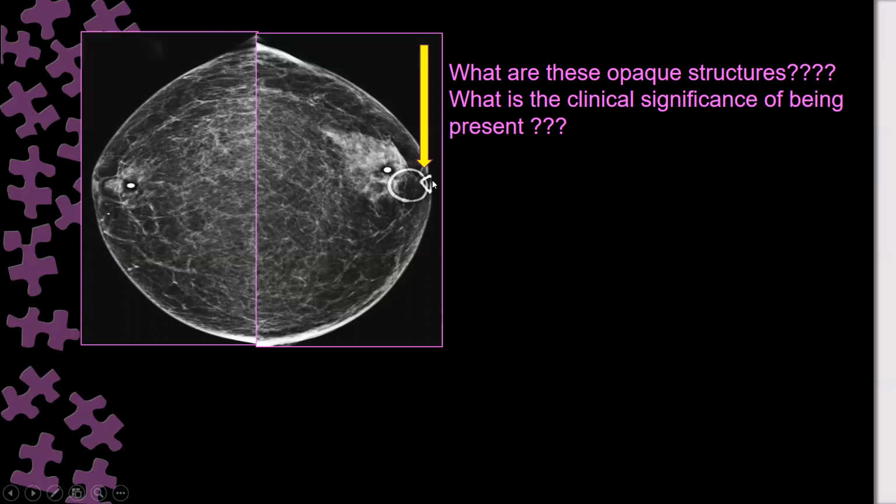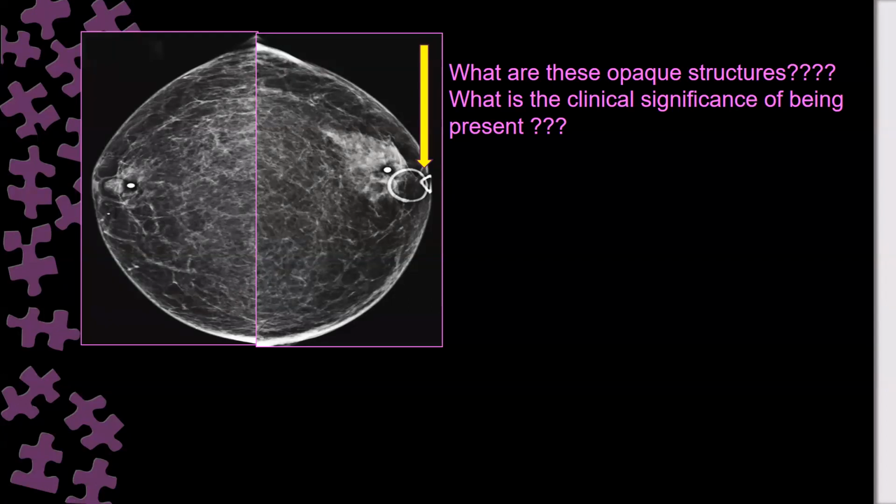Or which one is the nipple marker? Where is the nipple? Inside the breasts. These are the nipple markers. Okay. And what about this?